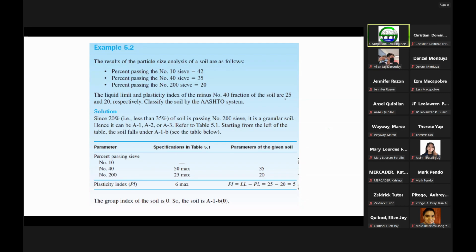The liquid limit is 25, and the plastic limit is 20. The plasticity index is the liquid limit minus the plastic limit, 25 minus 20, so you have a PI of 5.